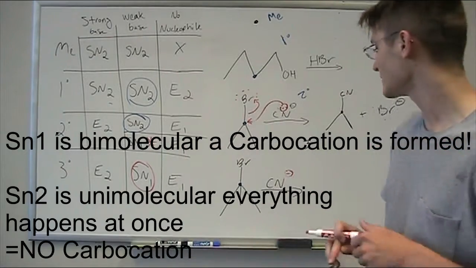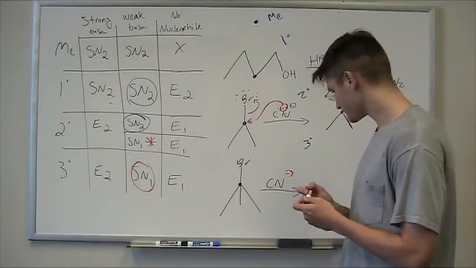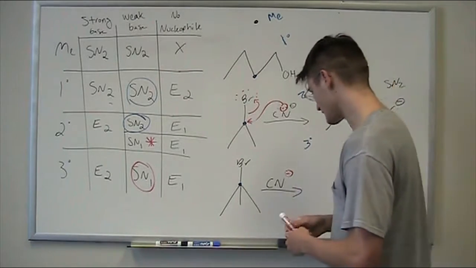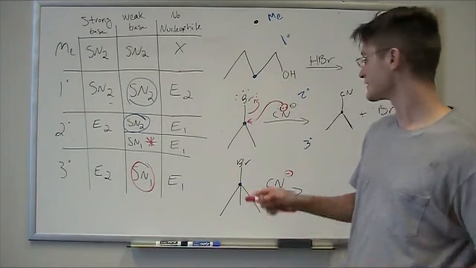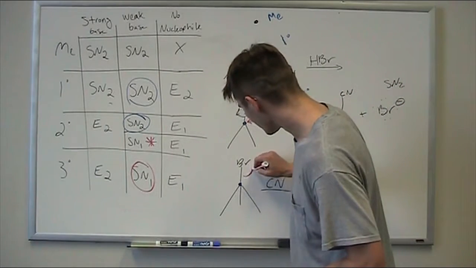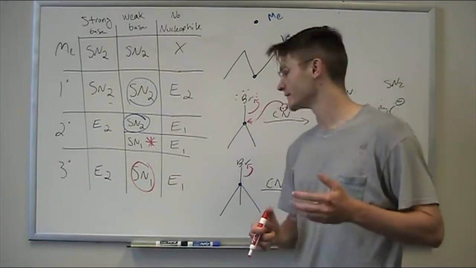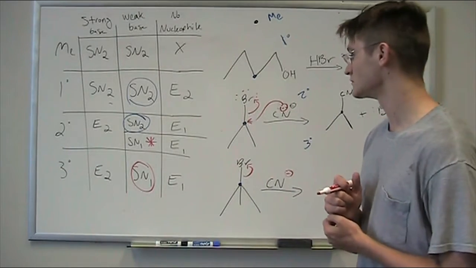SN1 is 2 steps. So there is going to be an intermediate. So it's very simple. You're just going to break it up, and you're going to form a carbocation. In SN1, a carbocation is formed.